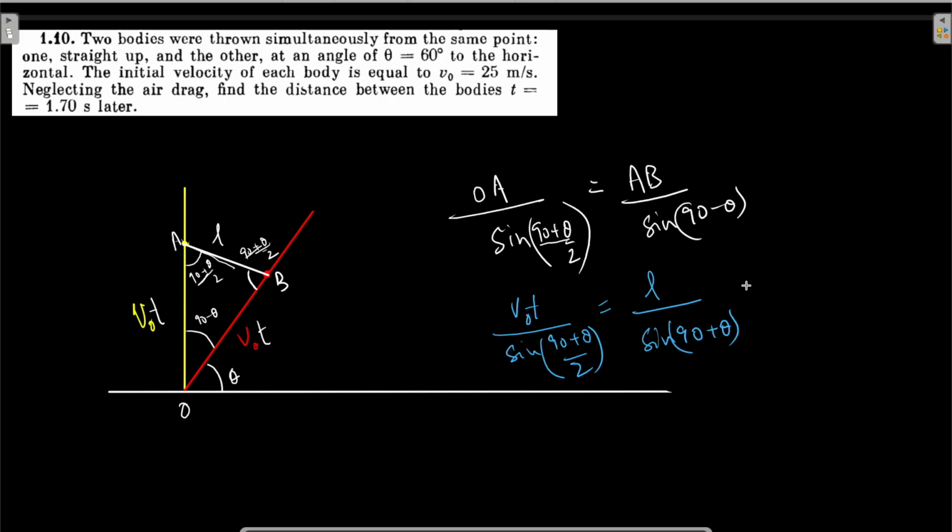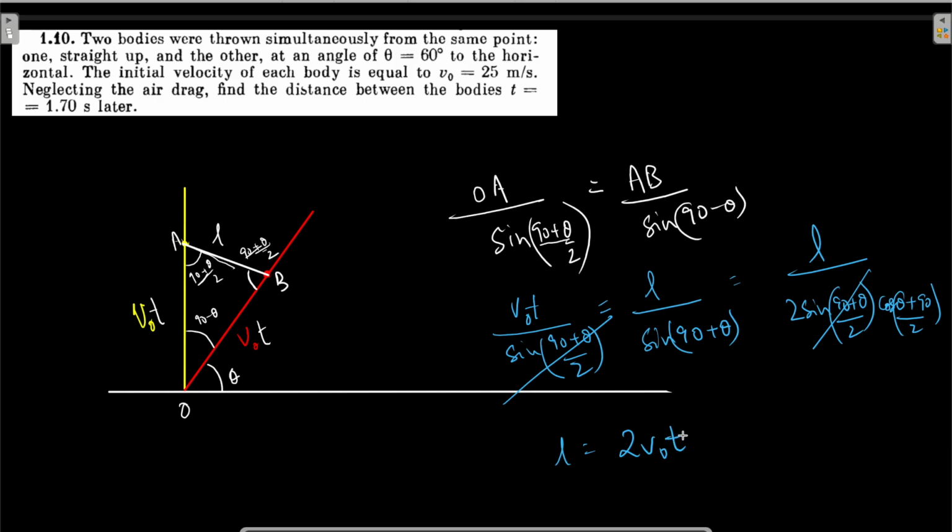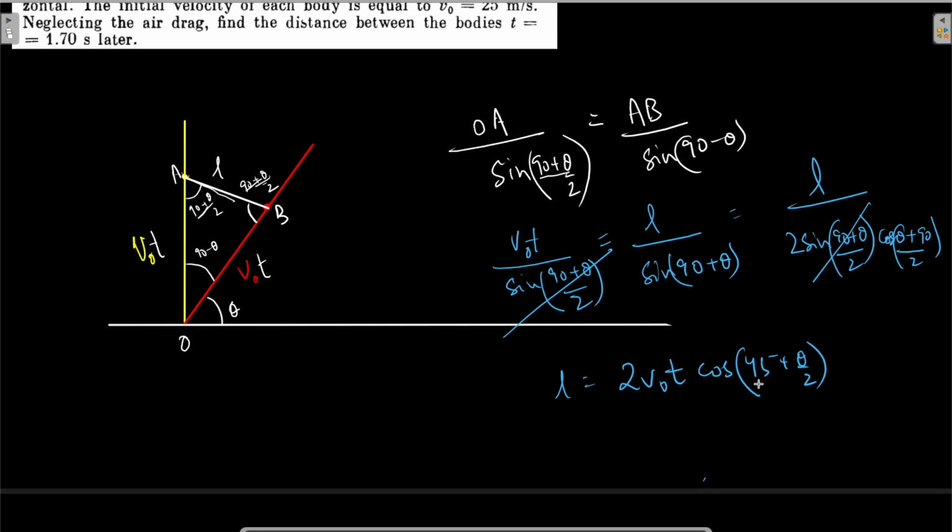So we can write this L divided by 2 sine 90 plus theta by 2 into cos theta by 2, cos theta plus 90 by 2. And this will get cancelled, this with this, and we'll get L as 2 V naught t cos 45 plus theta by 2. We can expand this using normal trigonometry.